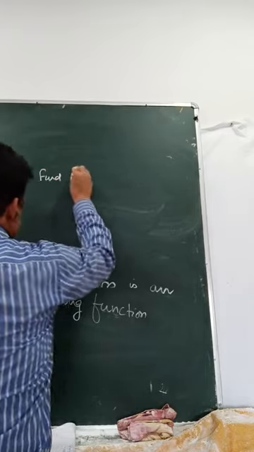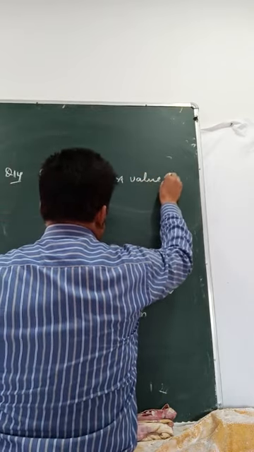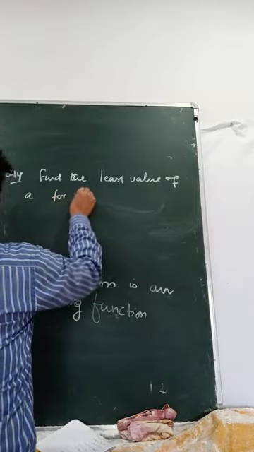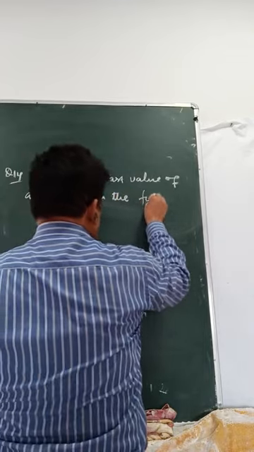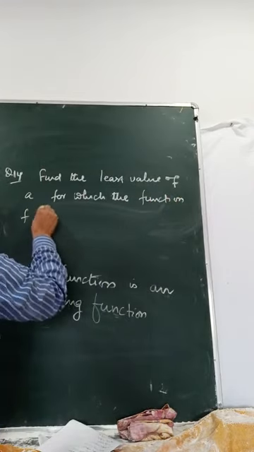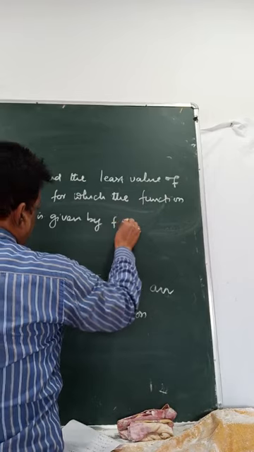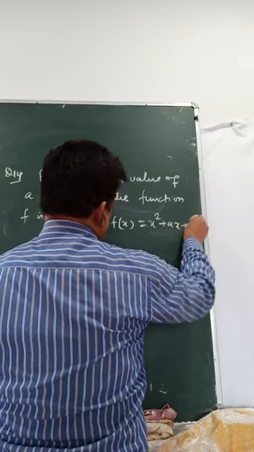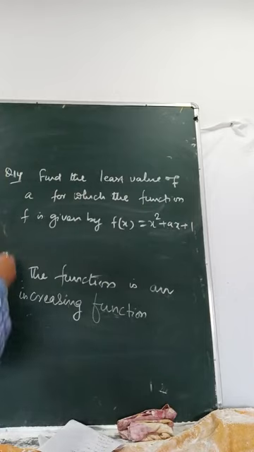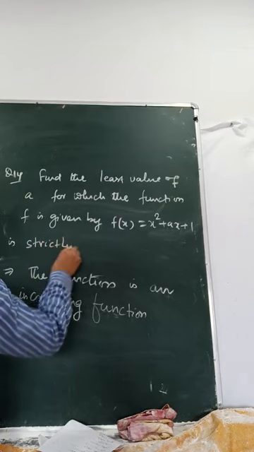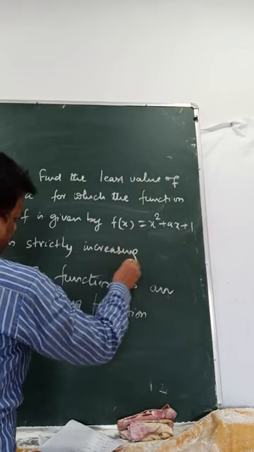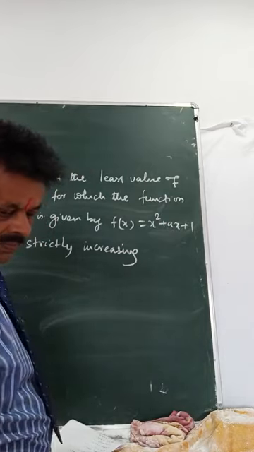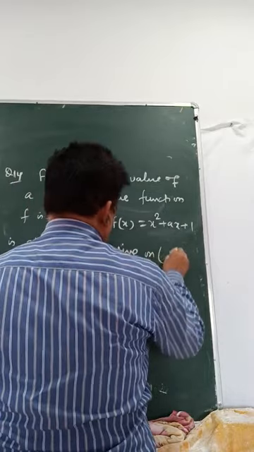Find the least value of a for which the function f is given by f(x) equals x square plus ax plus 1 is strictly increasing on 1 to 2.